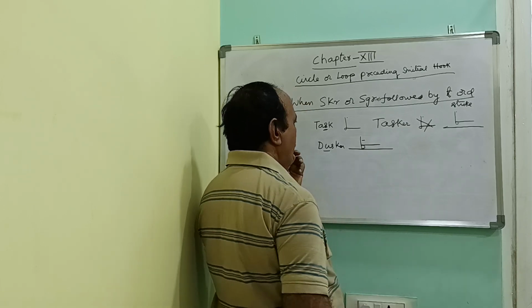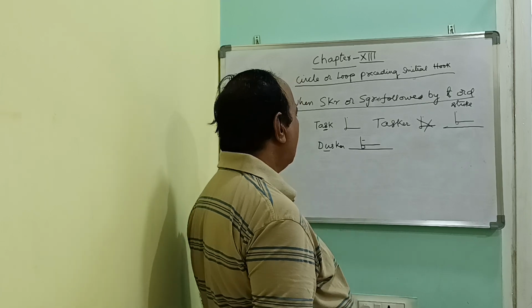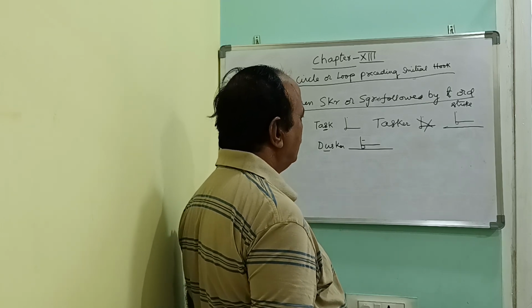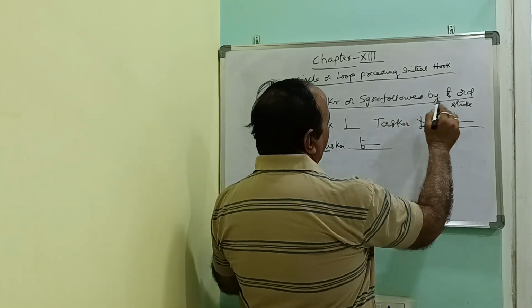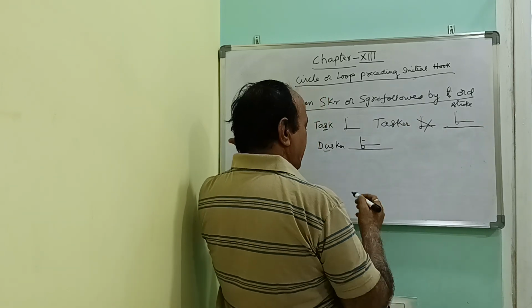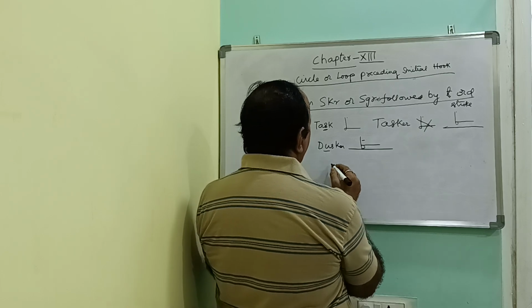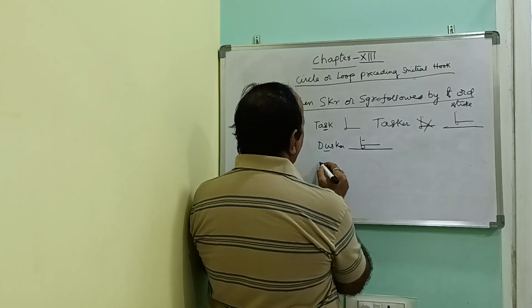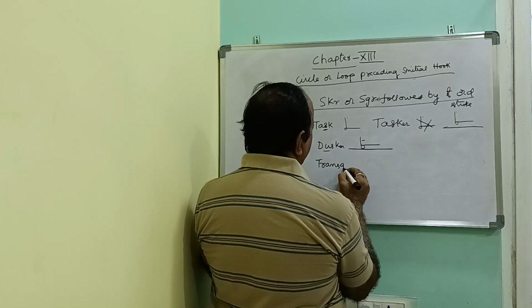Dusker. So the sound of skar or skar, followed after T and D strokes, you have to write like this only. In the same way, transgress.